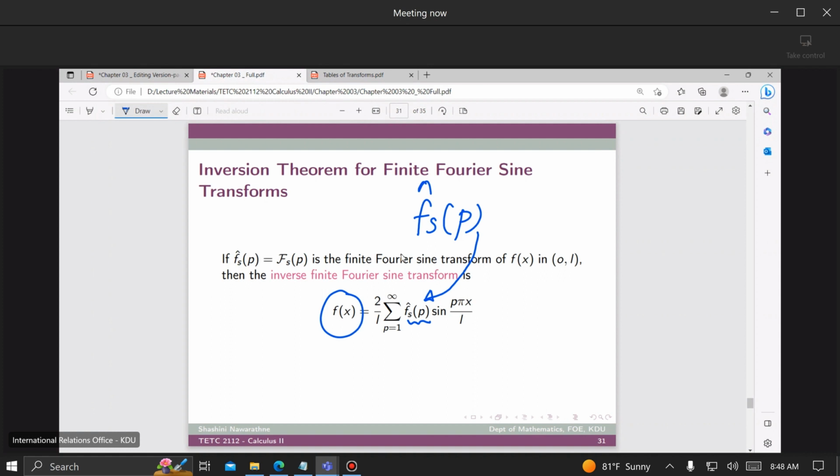The third one is the finite Fourier sine transform when the function f of x is given. The fourth one is the formula for the inverse finite Fourier sine transform when the finite Fourier sine transform of the function is provided. So let's discuss some examples. Then you will get a better idea about this.